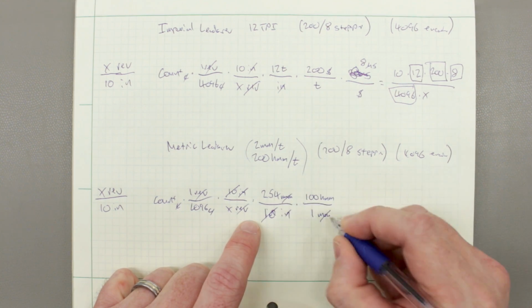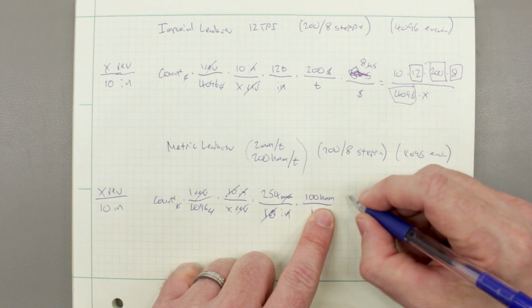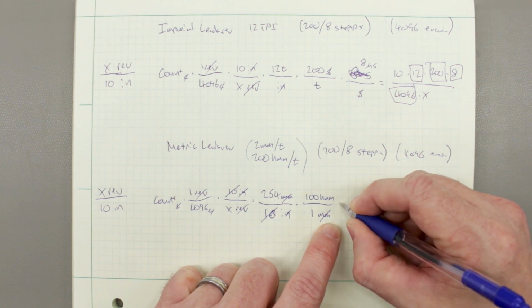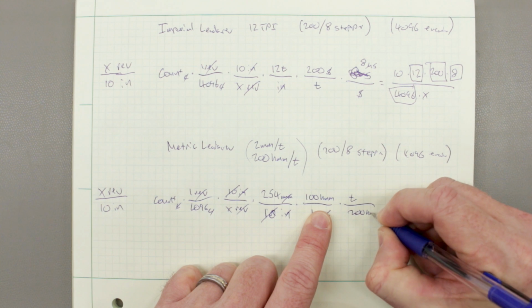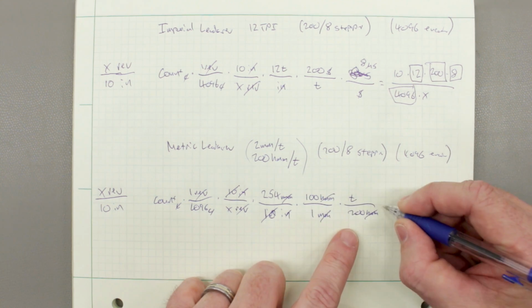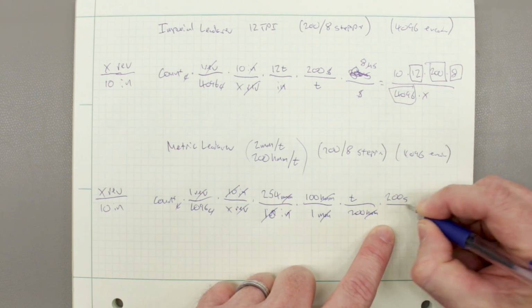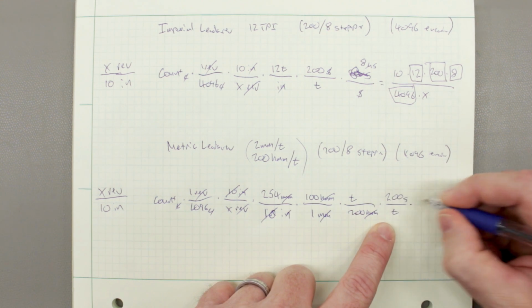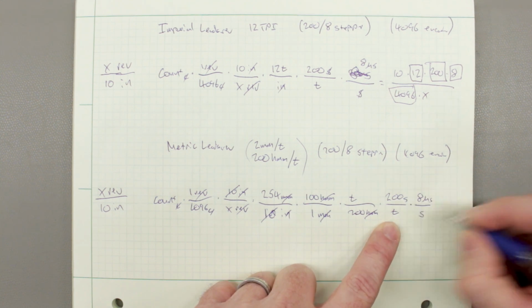So the millimeters cancel, and now I can feed in my lead screw, which is 1 turn for 200 HMM. And the hundredths of a millimeter then cancel. So we multiply this whole thing by 200 steps per turn for the stepper motor times 8 microsteps per step.